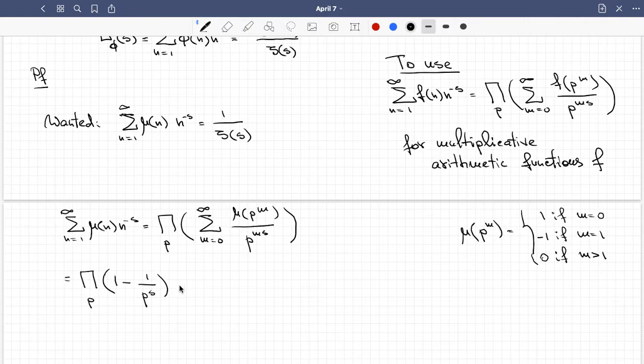Okay, this is product over all primes 1 minus p to the negative s.